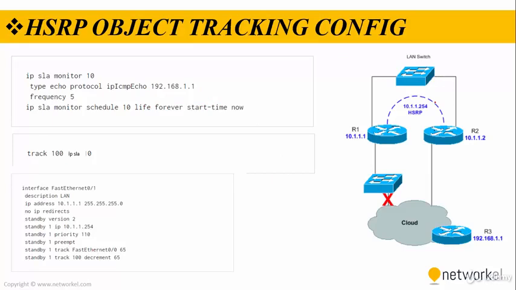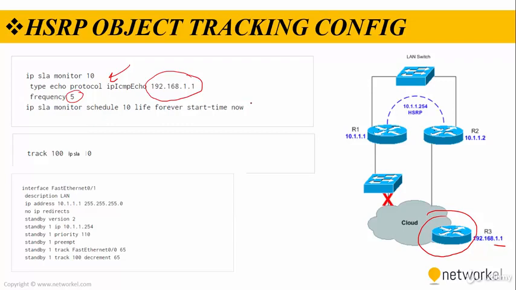Here's the object tracking configuration as well. I'm defining an IP SLA, and I'm trying to ping this IP address. As you can see, I have a local area network switch and I have router 1 and router 2, and on the other side I have a core router which has an IP address of 1.1. Then I'm defining a frequency, which means that I'm gonna ping here every 5 seconds.